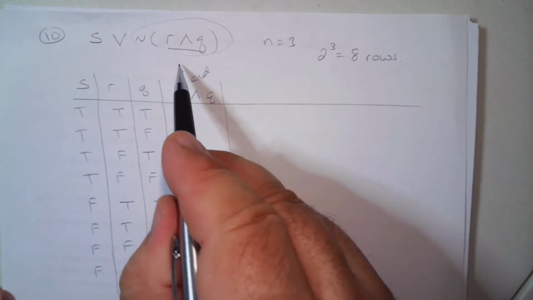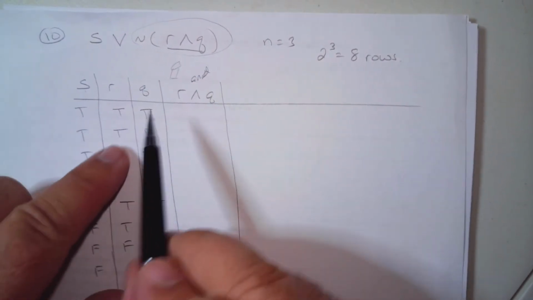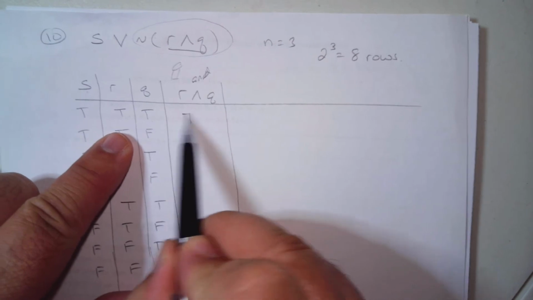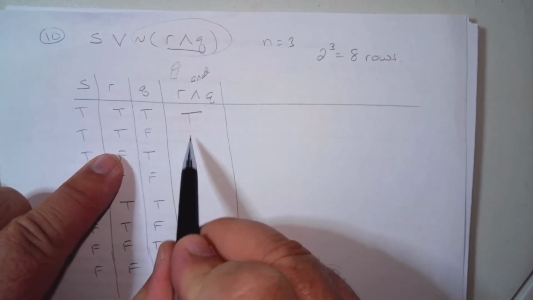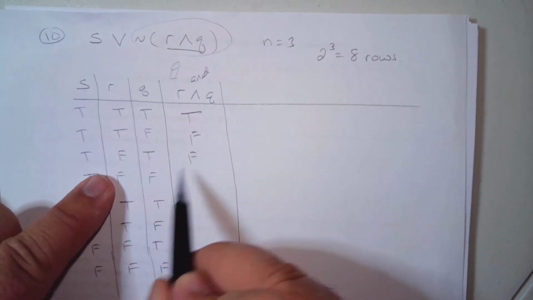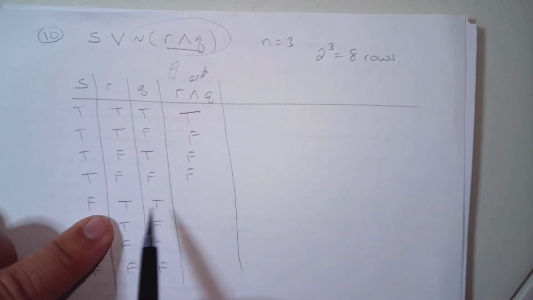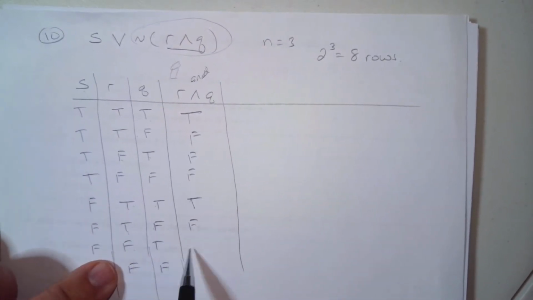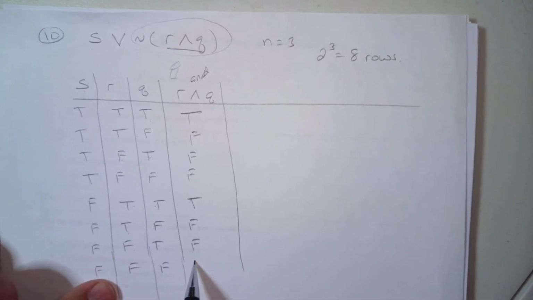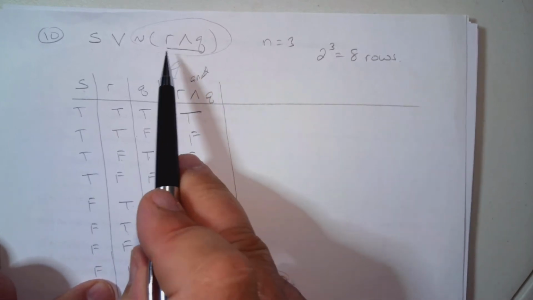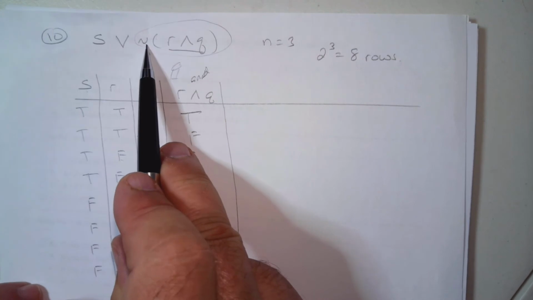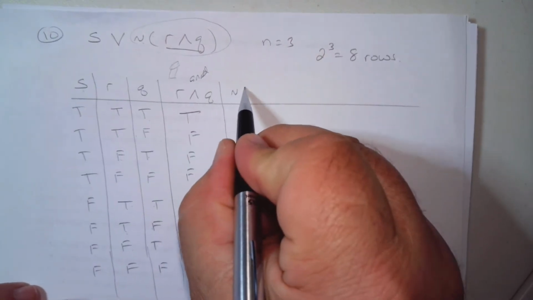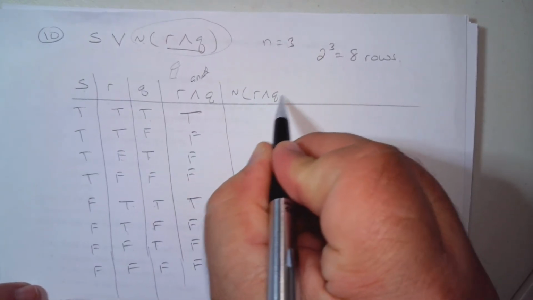So true and true is true. One's false, one's false, they're both false. So that's the parenthesis. Now we have to negate that statement.